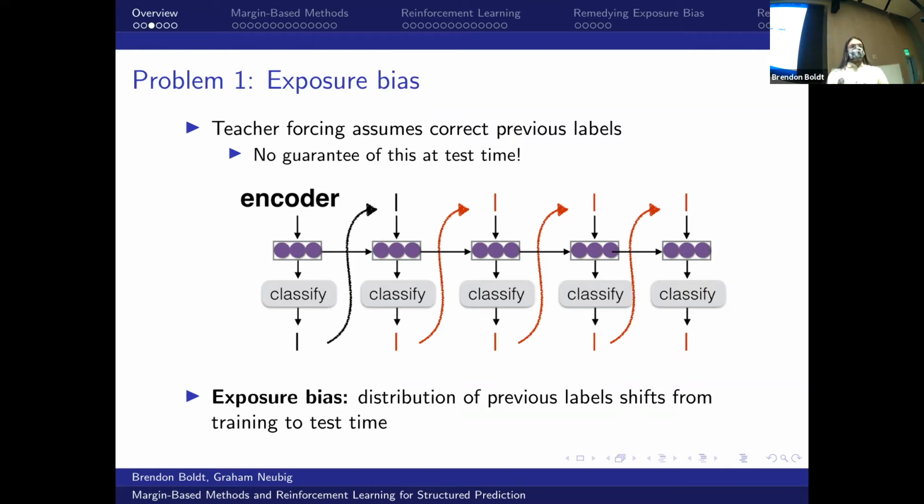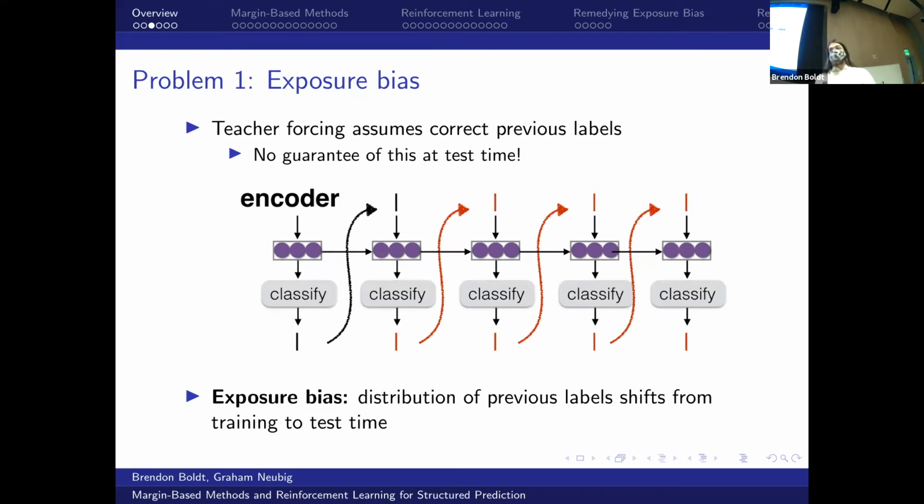The first problem is exposure bias. So in a baseline maximum likelihood method of prediction, we're going to use something called teacher forcing when we are training a decoder model. And what this means is that as the decoder produces outputs at each time step, from the previous time step, we're feeding in the prediction from the model, except at training time, we're going to be using the ground truth labels to help speed up training, to give that good signal of predicting the token at t based on the correct token from t-1.